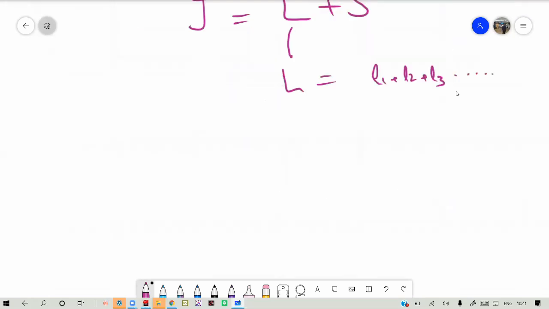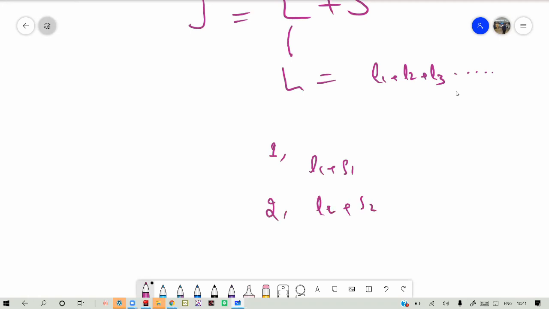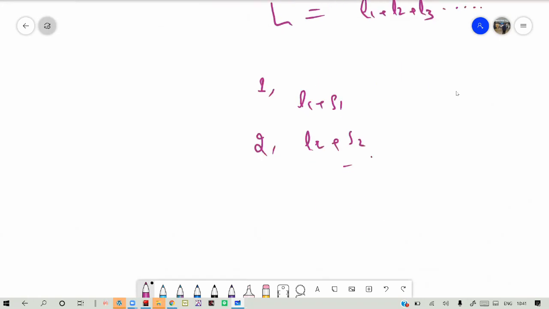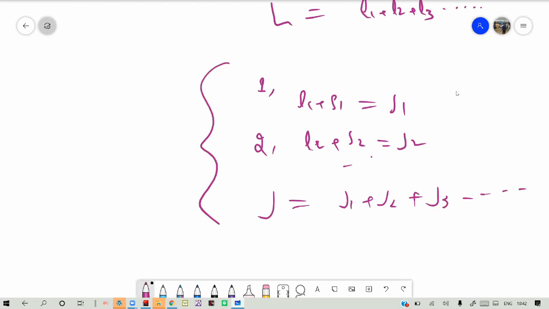For one electron, you take L1 plus S1, for the second electron L2 plus S2, which give J1 and J2. Then the total J is J1, J2, J3. This is JJ coupling.